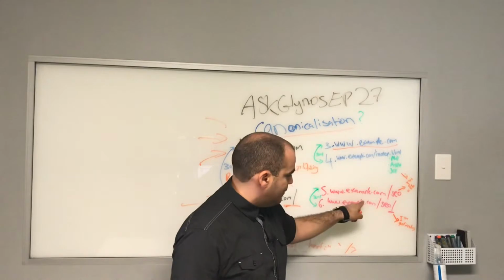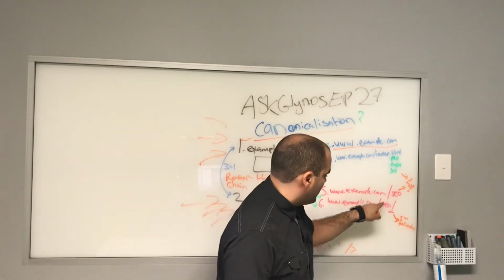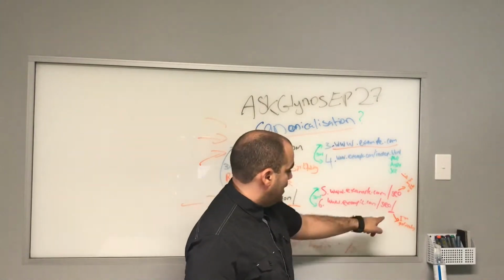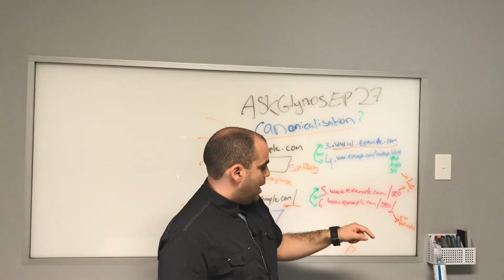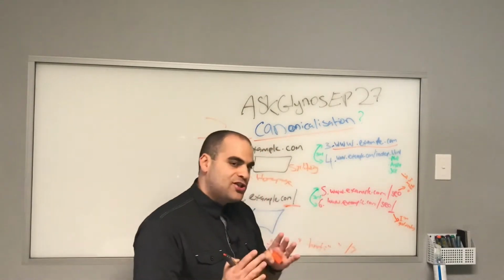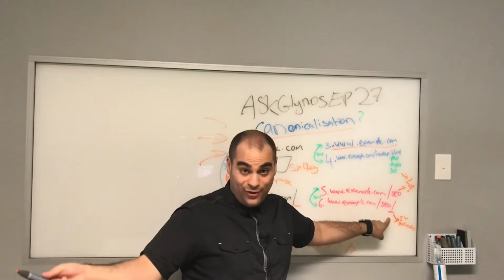This particular example, example.com, www.example.com/SEO, www.example.com/SEO/. Now that /, would actually generally indicate that it's a directory. Most of the time, with the trailing forward slash, it's generally seen as a directory.